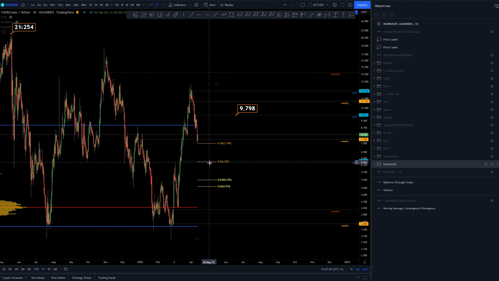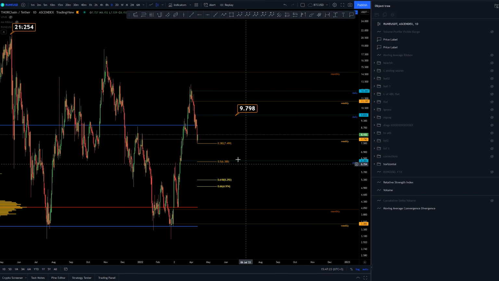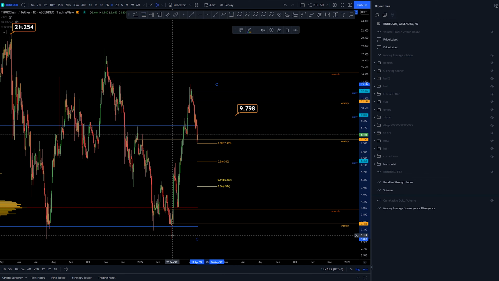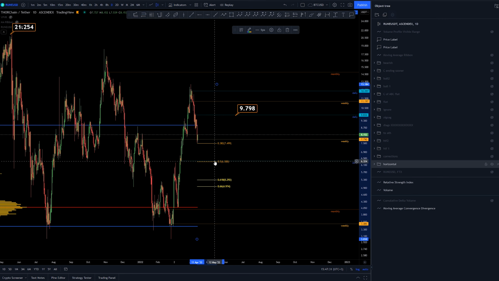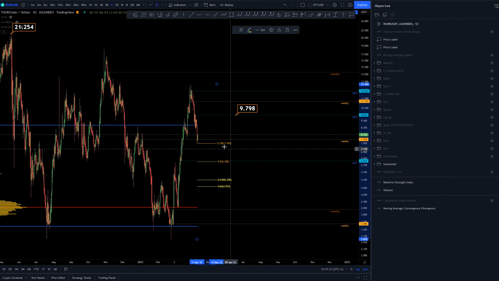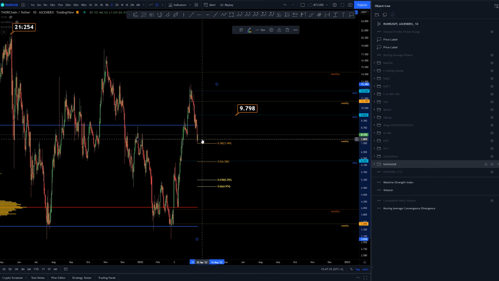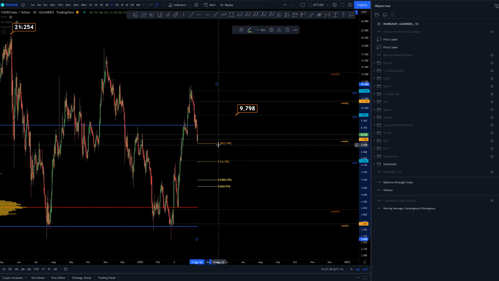This support below us, $6.30 area, also has that daily and a Fibonacci retracement level of 0.5, giving us some support as well. The current weekly also provides some support right now with the close area for the 0.382 retracement as well.